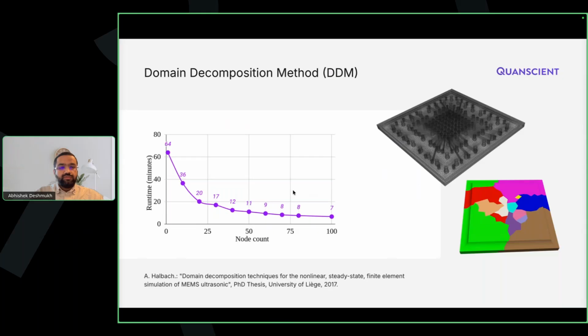So how do we do this? This is our secret sauce, as you might call it. The domain decomposition method allows us to split the domain into several pieces, and then each individual piece of the mesh is solved on a different node.